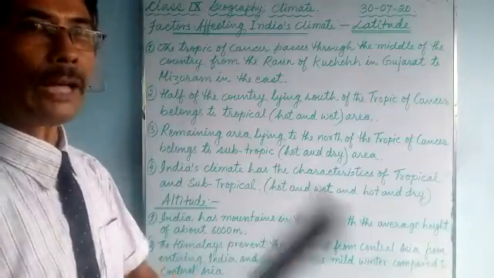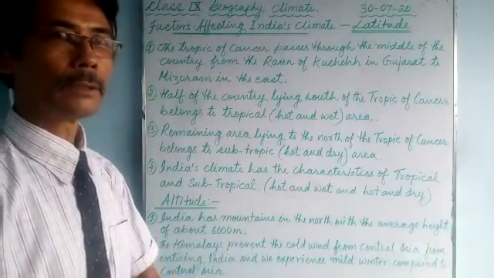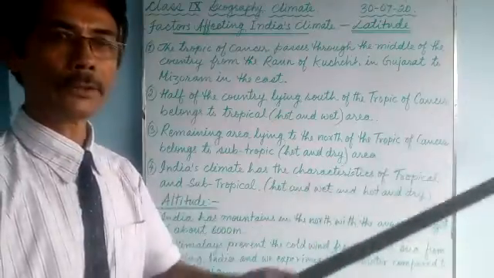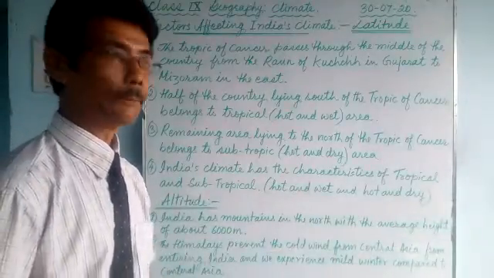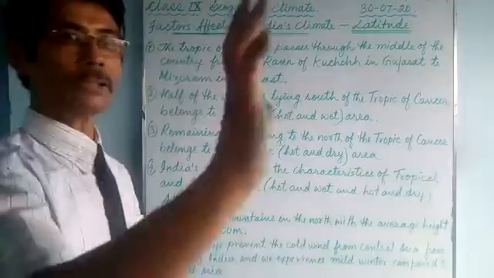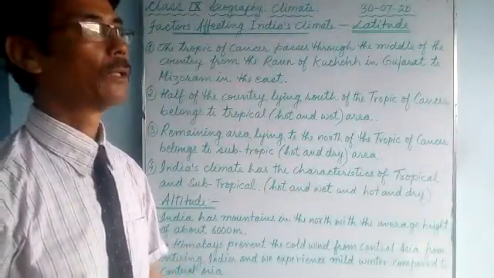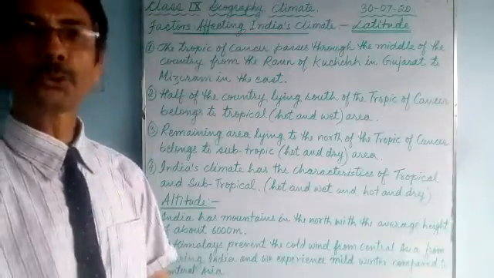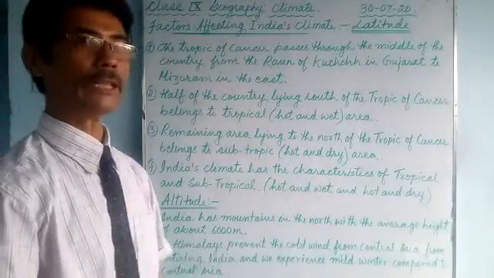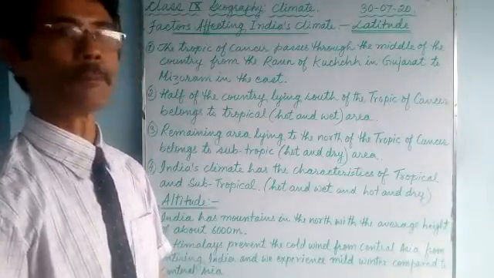The Himalayas are there, that's why they check the monsoon wind and it rains over here. So India experiences two types of climates, hot and wet tropical, and hot and dry subtropical.